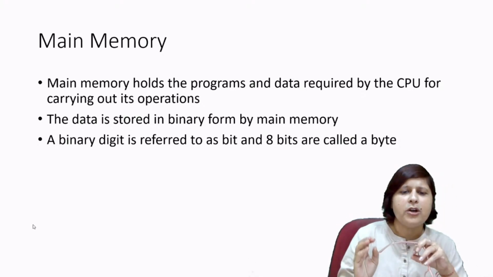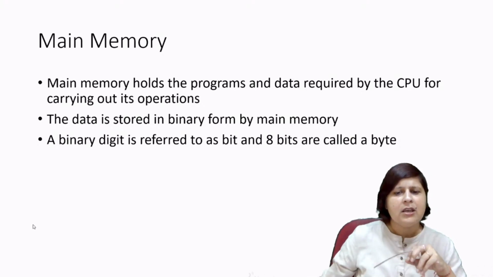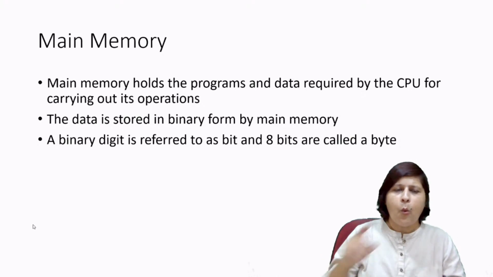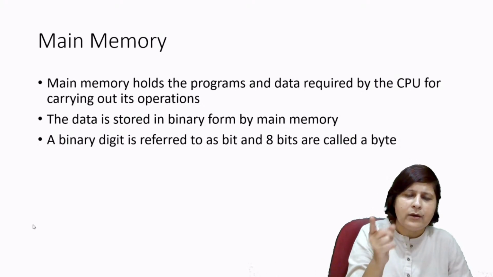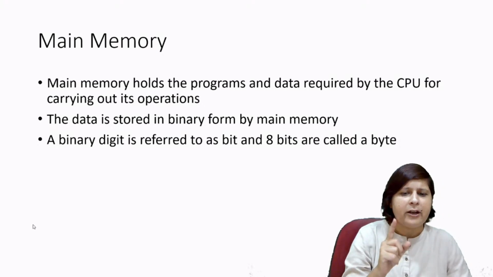So data is stored in binary form in main memory, and a binary digit is referred to as a bit, like 1 or 0, or 10101. These are referred to as bits.